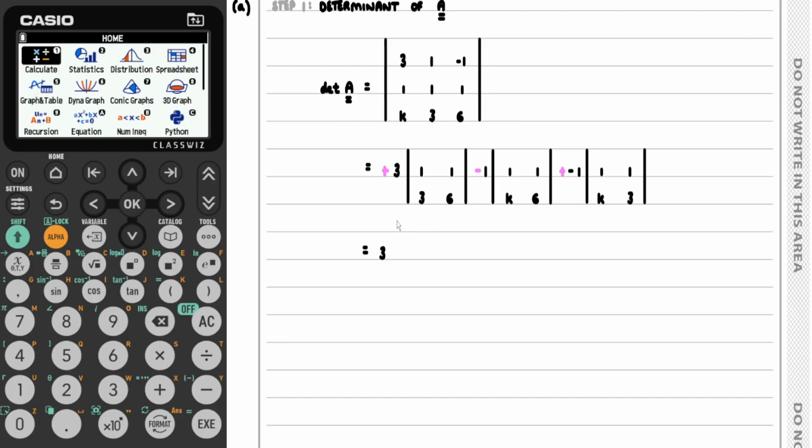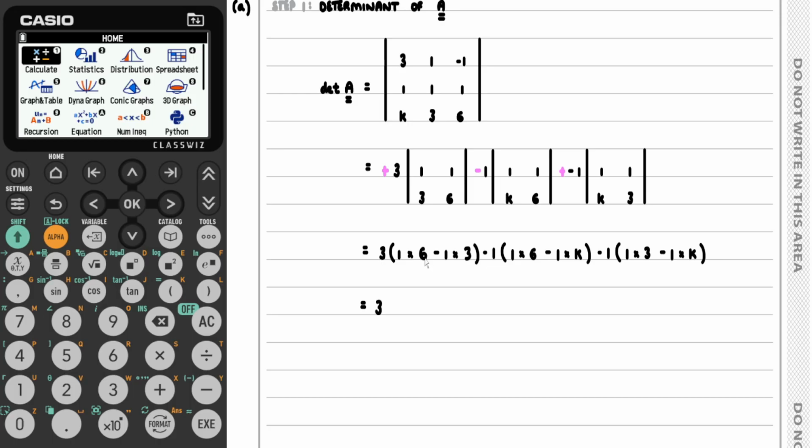So I've got 3 times, well, here I've got 1 times 6, subtract 1 times 3. Then I've got negative 1 times 1 times 6, subtract 1 times k. And then I've got negative 1 times 1 times 3, subtract 1 times k.